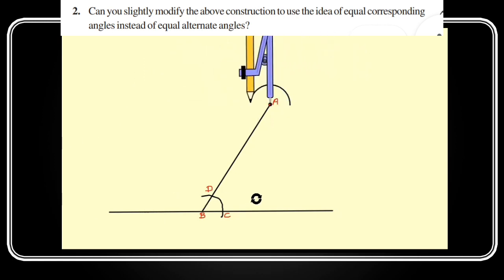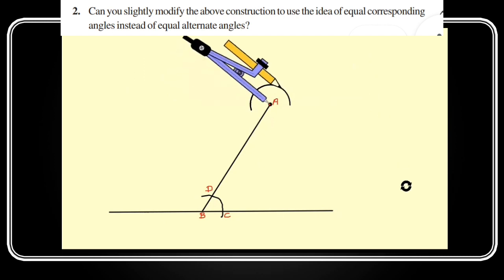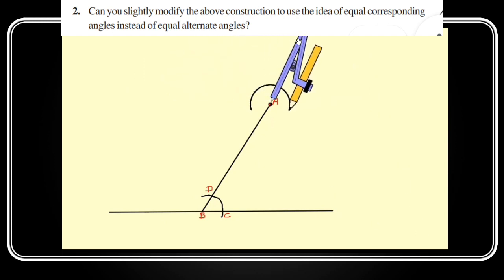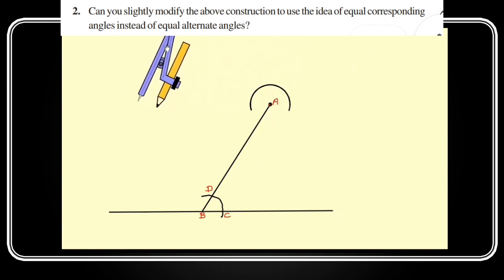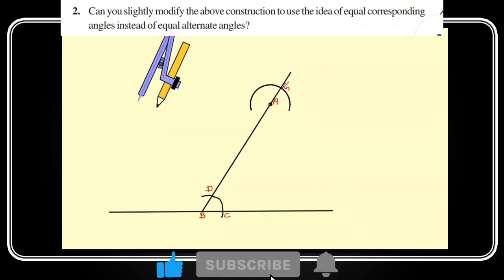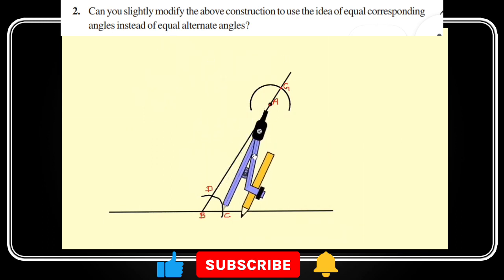Now we will extend BA such that it meets the arc, because corresponding angles are above and below while alternate angles are inside. Now we will measure this angle. For this, we will use the compass and put the point on C and pencil on D to measure CD.